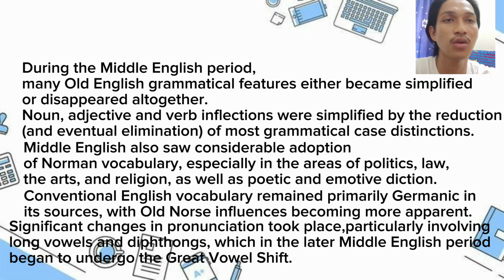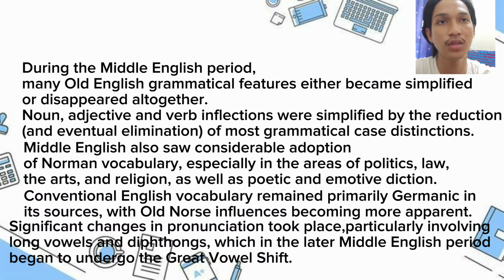Middle English also saw considerable adoption of Norman vocabulary, especially in the areas of politics, law, the arts, and religion, as well as poetic and emotive diction. Conventional English vocabulary remained primarily Germanic in its source, with Old Norse influences becoming more apparent.